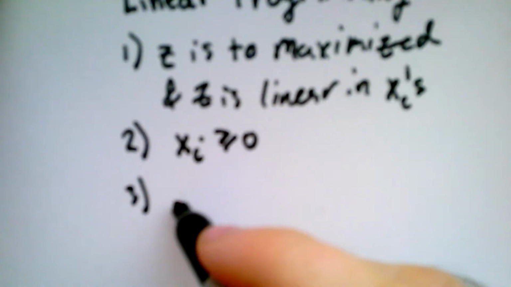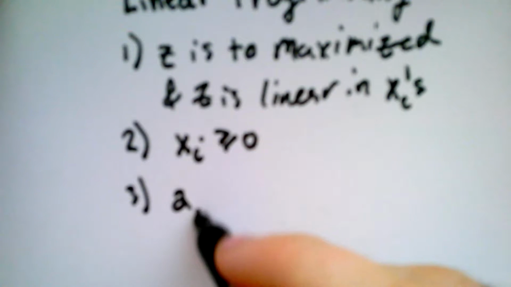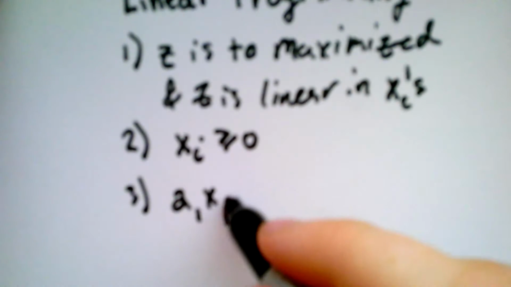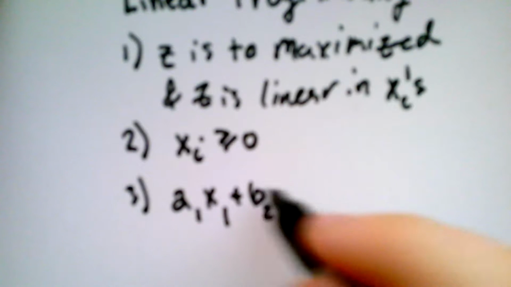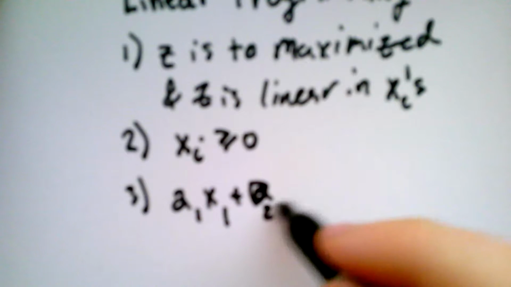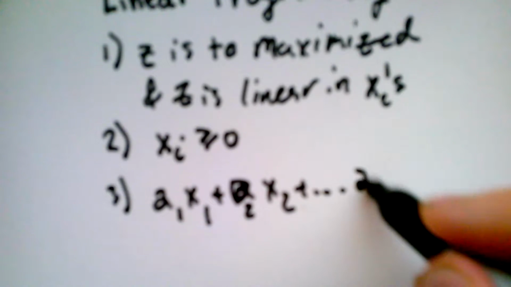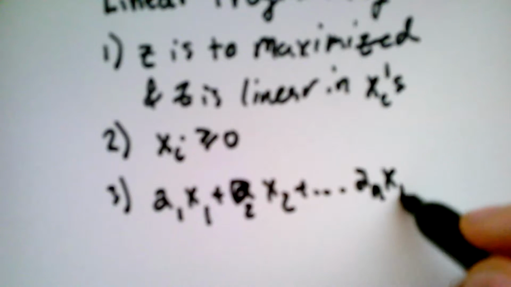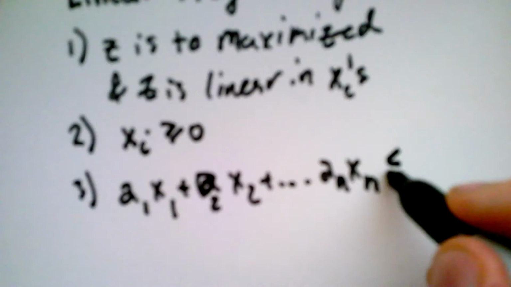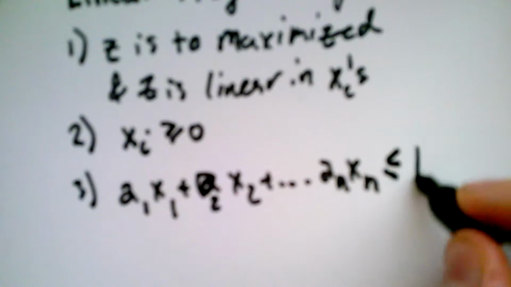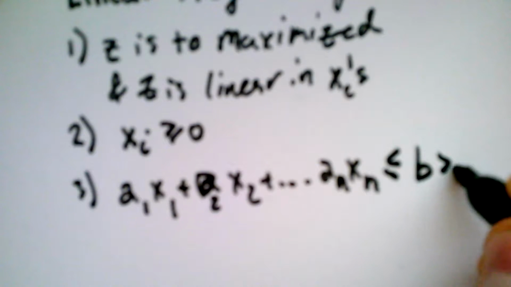And three, all of our constraints are of the form a1 x1 plus a2 x2 plus up to an xn are less than or equal to b, which is greater than or equal to 0.